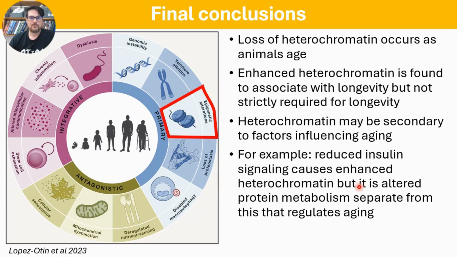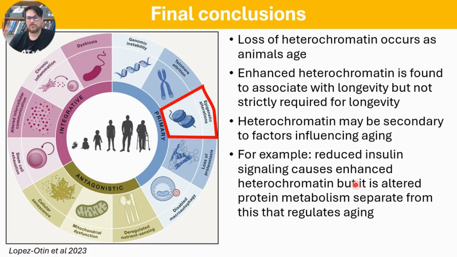But otherwise, what this data suggests overall is that, yes, there is a loss of heterochromatin that occurs as animals age, and enhanced heterochromatin could associate with longevity, but it's not strictly required for longevity. In fact, it may actually be that heterochromatin regulation is kind of secondary to factors that influence aging.